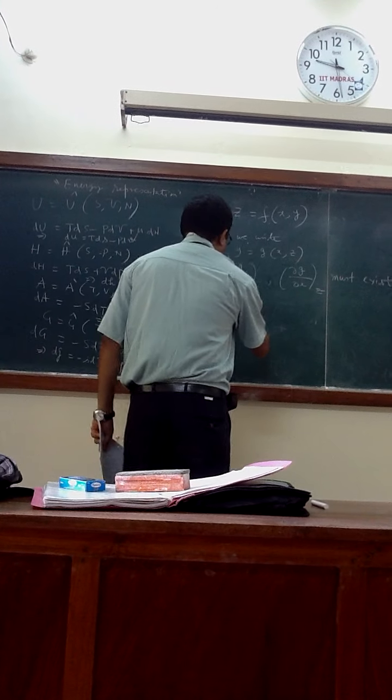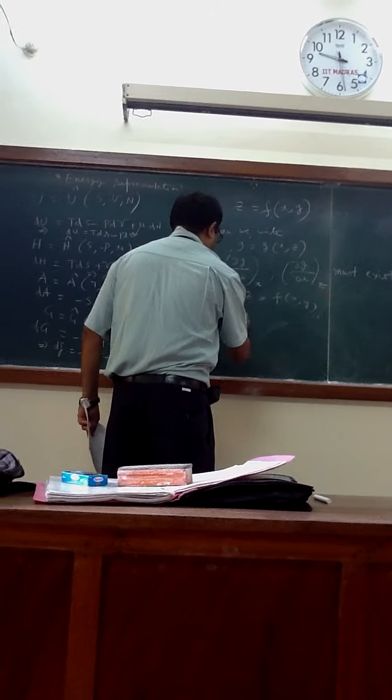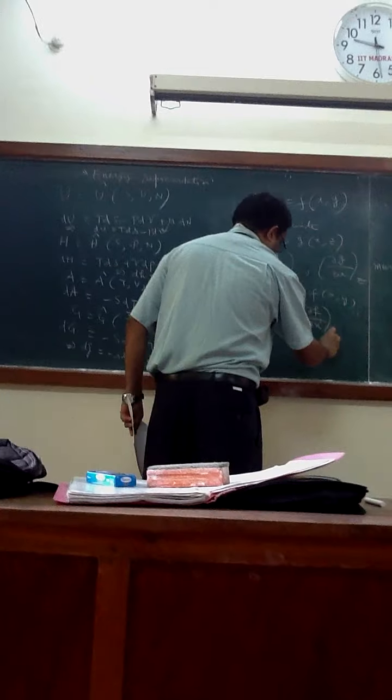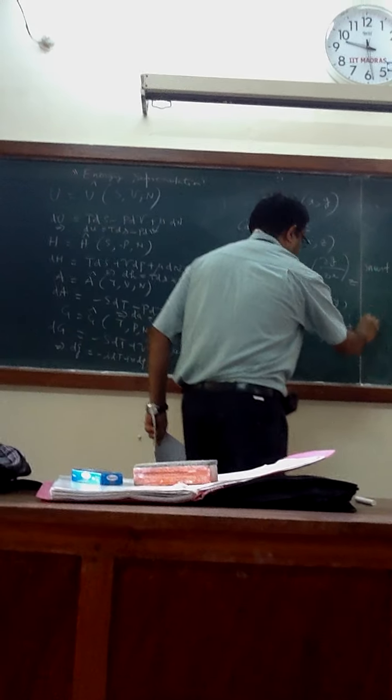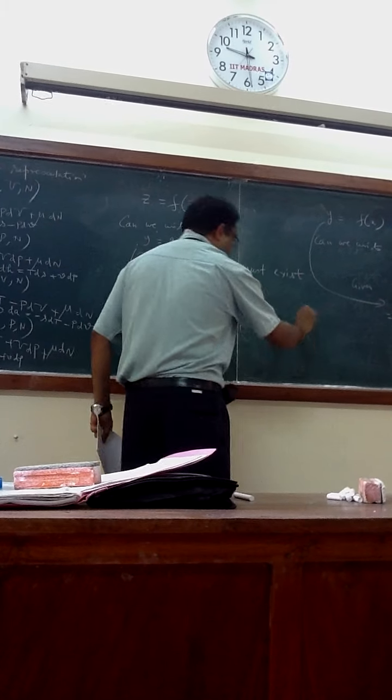So z equals f of x, y. Same procedure. You write dz equals (∂f/∂x) at constant y dx plus (∂f/∂y) at constant x dy.